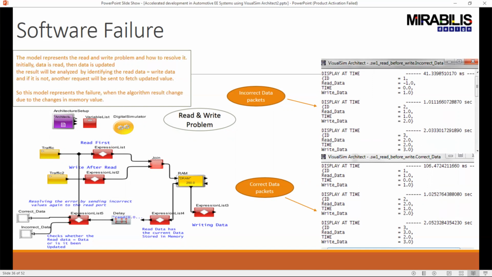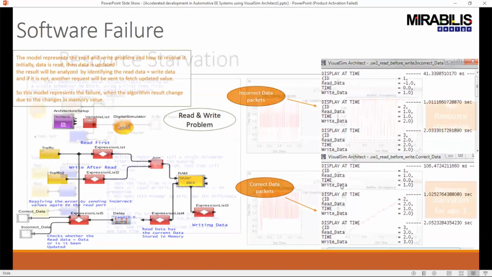Because if we calculate the algorithm results based on older data, then it can significantly affect the system's performance as well as the safety. So here we could see the incorrect packets, and here we could see the correct packets being read out.